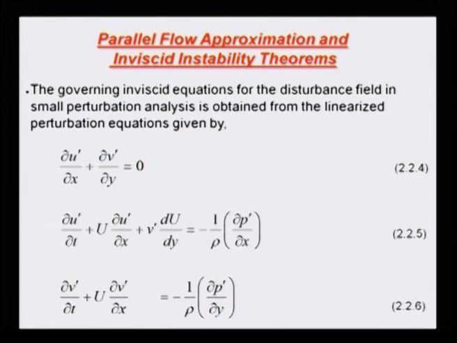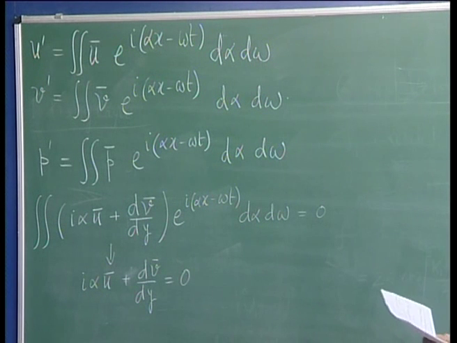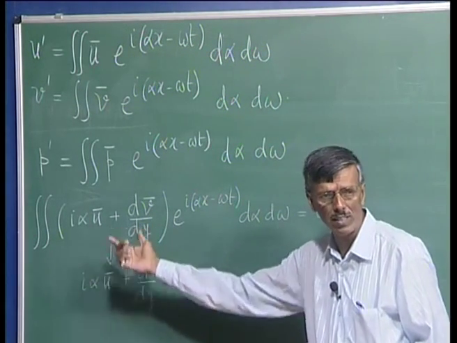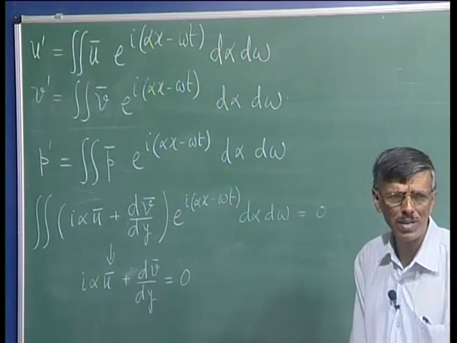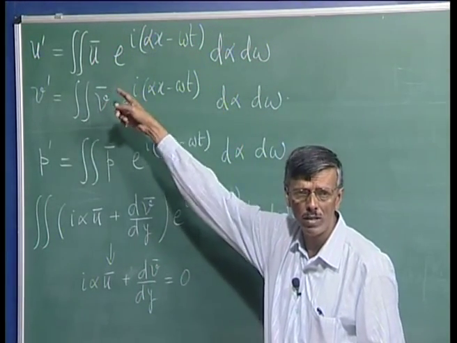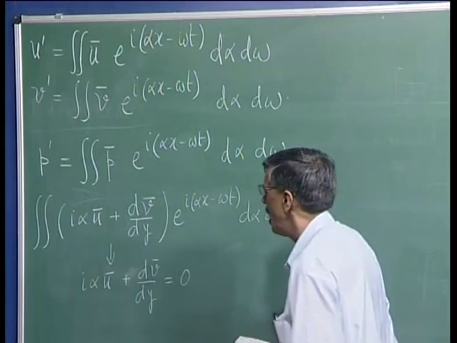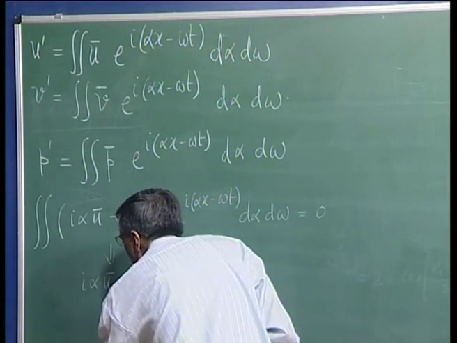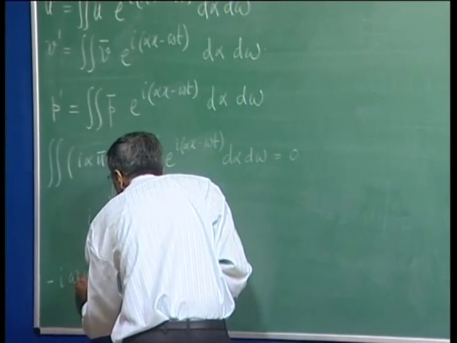What about the second equation? If I do it, what do I get? From now on, I will just simply be worrying about the kernel of the integral, right? Like this. So del u prime del t will give me what? Minus i omega u bar. So I will have minus i omega u bar.